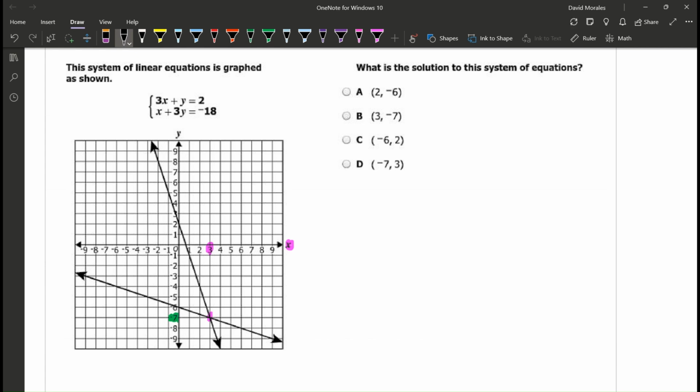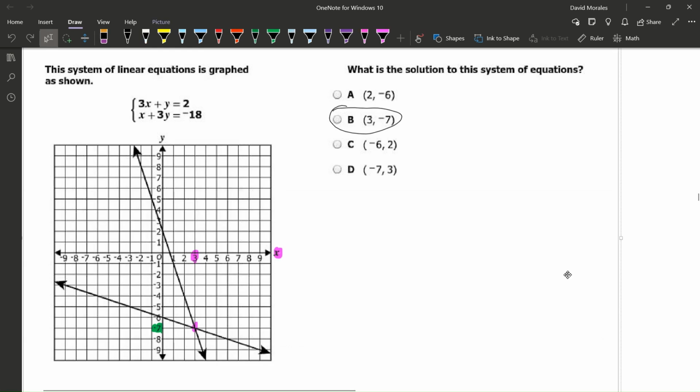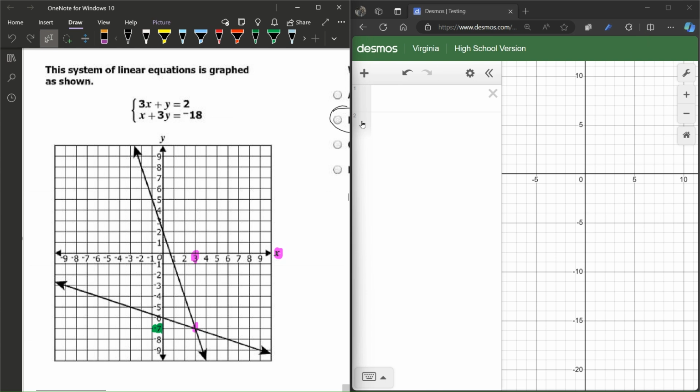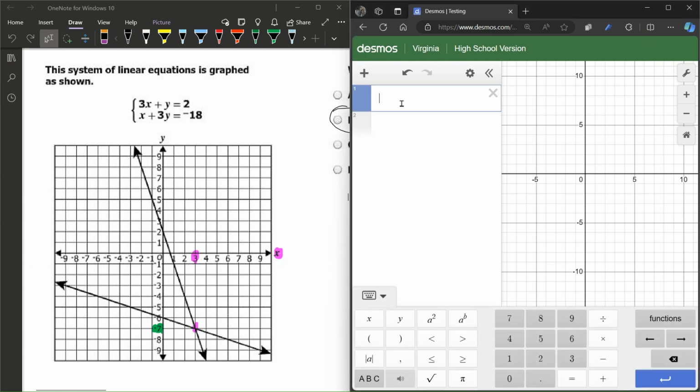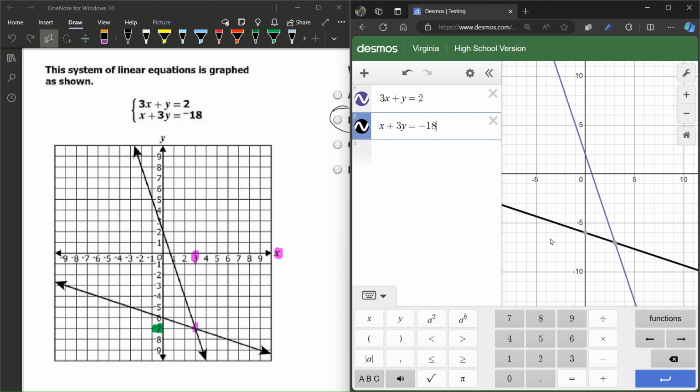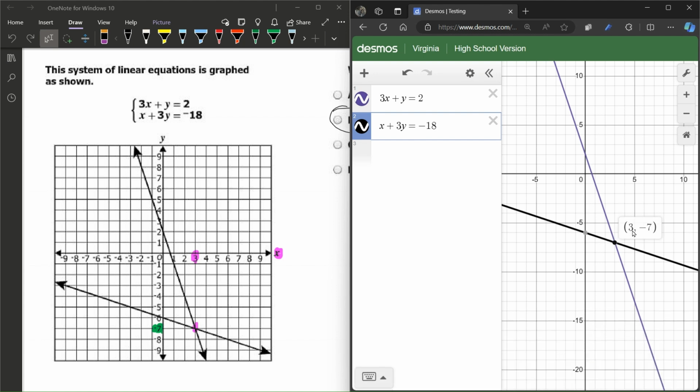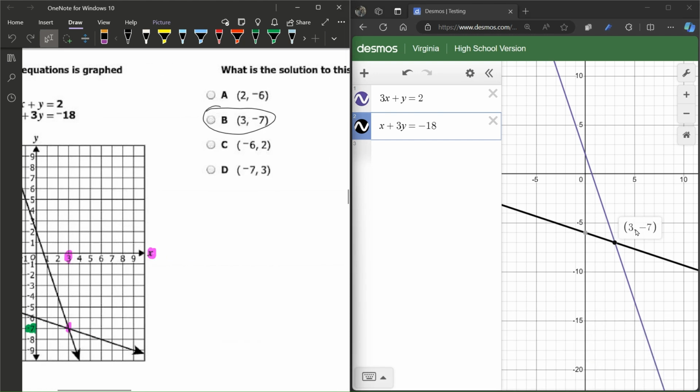So my answer would be B. You can also type this problem into Desmos: 3x plus y equal 2, x plus 3y equal negative 18. And then you can see that the answer is 3, negative 7.